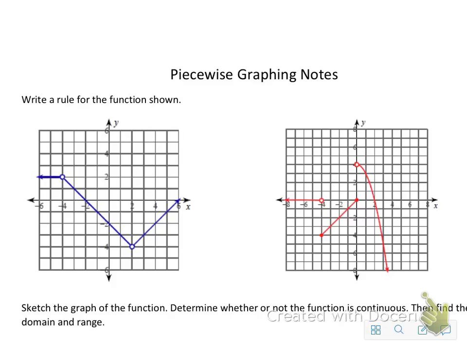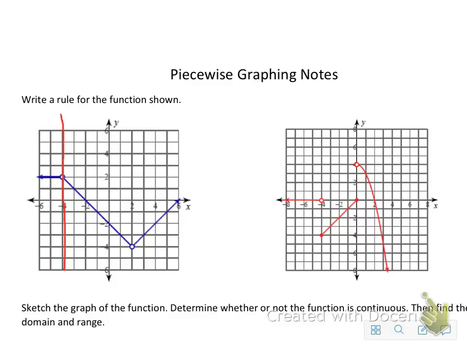So for instance, if I go from -6 to -4 here, that's a constant function at 2 to the left of that. And so I'm going to put my break right here at -4. Because as I go to the right of -4, it's no longer just constant, which means I want to use a different equation to represent what's going on here.